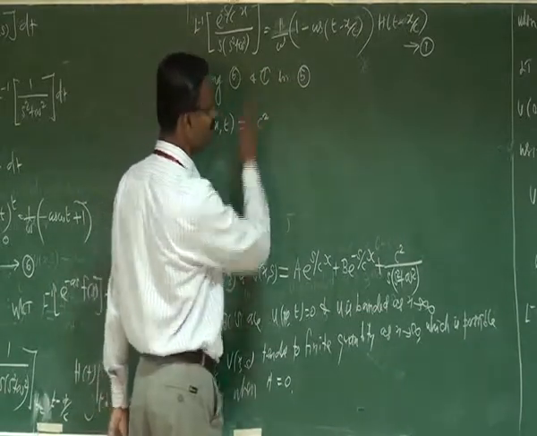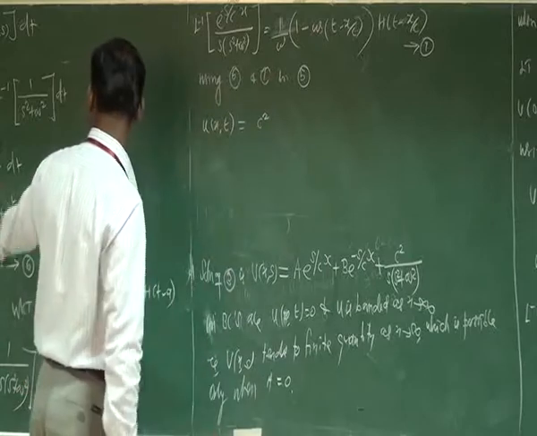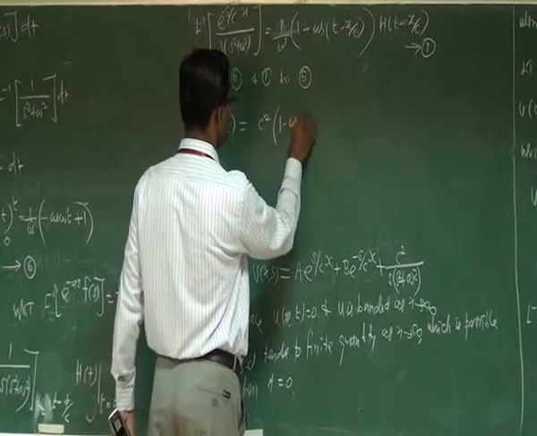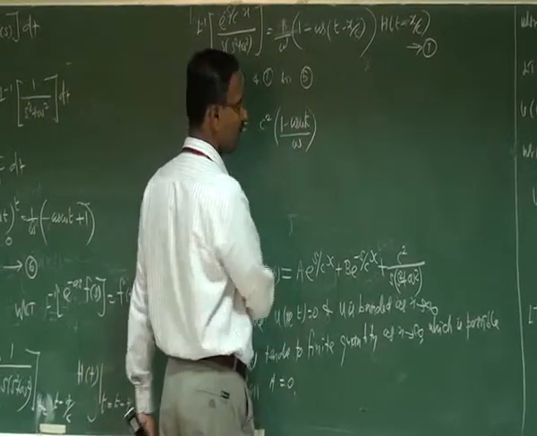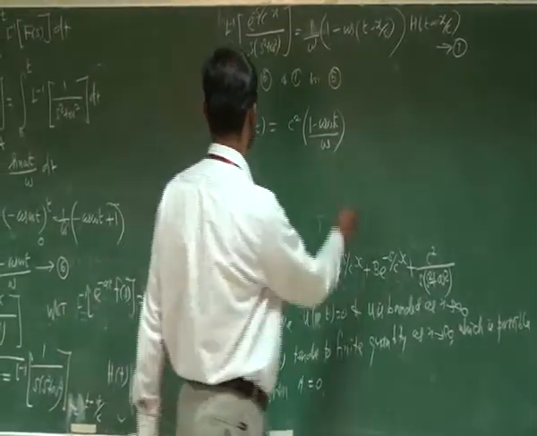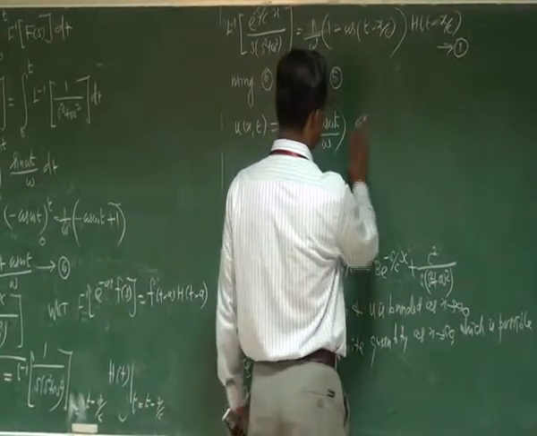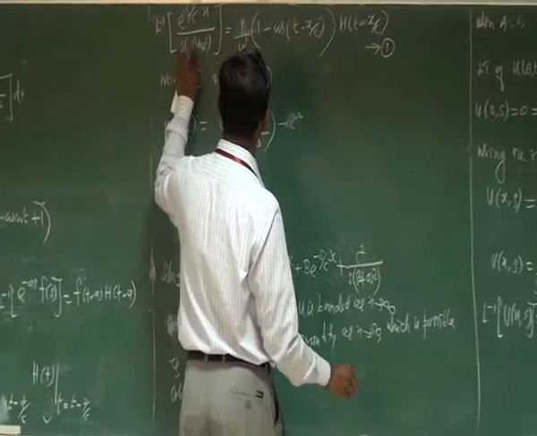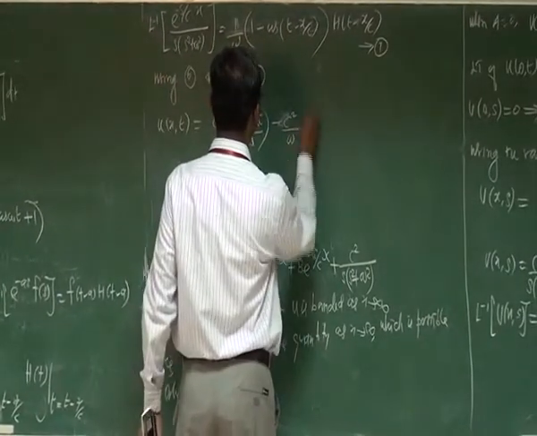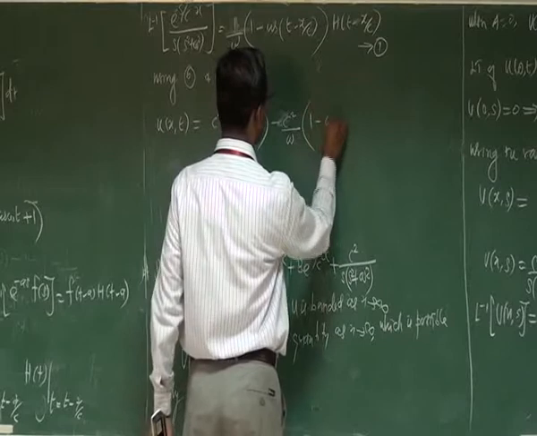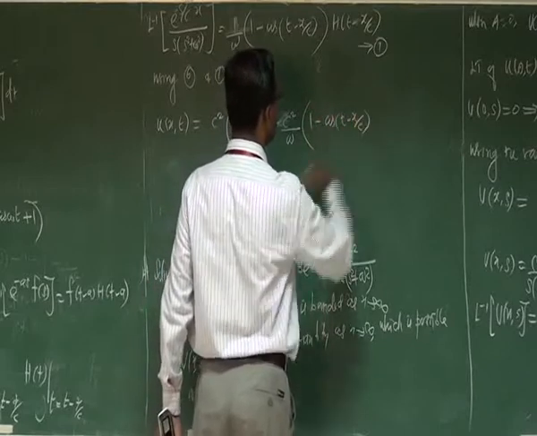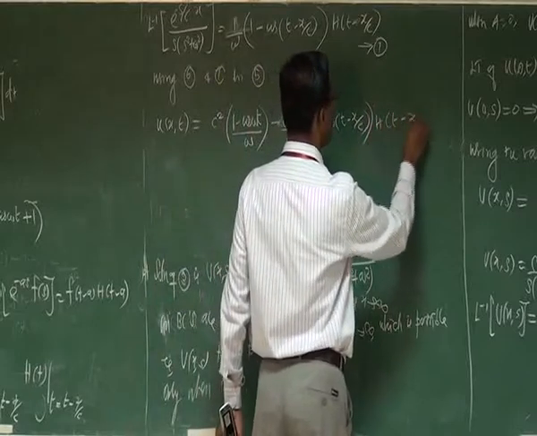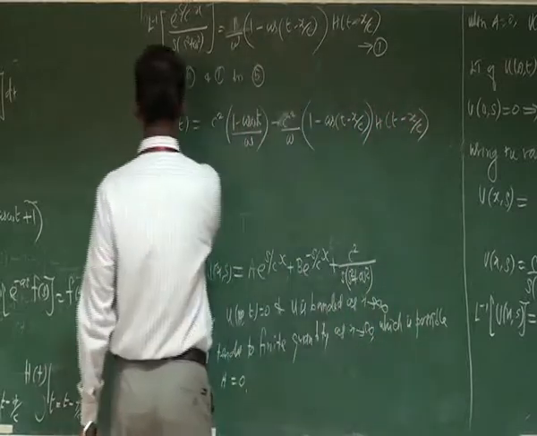So it is equal to c square times the inverse Laplace transform of this function, which is 1 minus cos omega t by omega. Here minus c square times the inverse Laplace transform of this function, which is c square by omega into 1 minus cos of t minus x by c into h of t minus x by c.